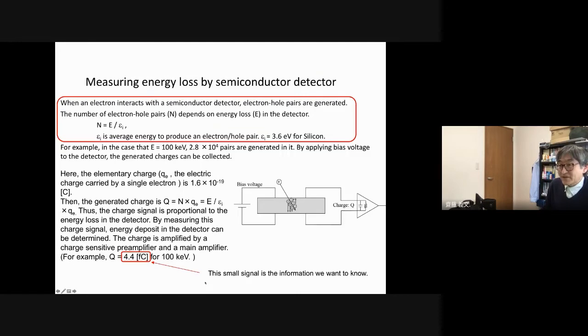So we have to measure this small signal to detect the electron energy. A charge sensitive amplifier is connected to this SSD, and we can measure these 4.4 femtocoulombs. And by doing so, we can determine the energy of the incident electrons.